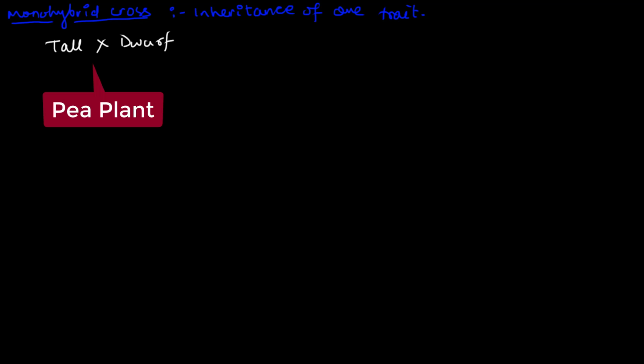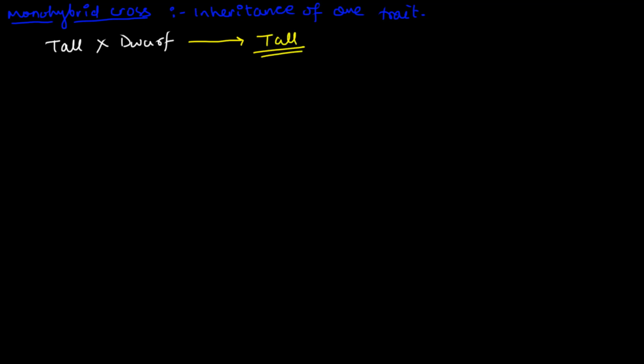Now, when he crossed a tall and dwarf plant, when he got the F1 progeny, all the plants turned out to be tall. And there was nothing that was showing the dwarf trait. Now, he went on further to experiment and he did something called self-crossing, or known as selfing.